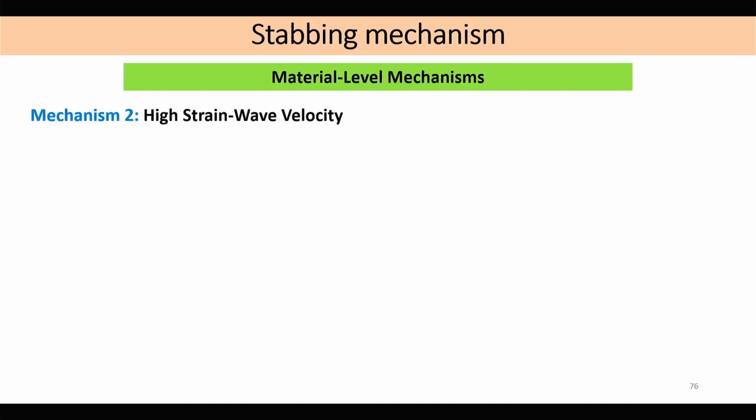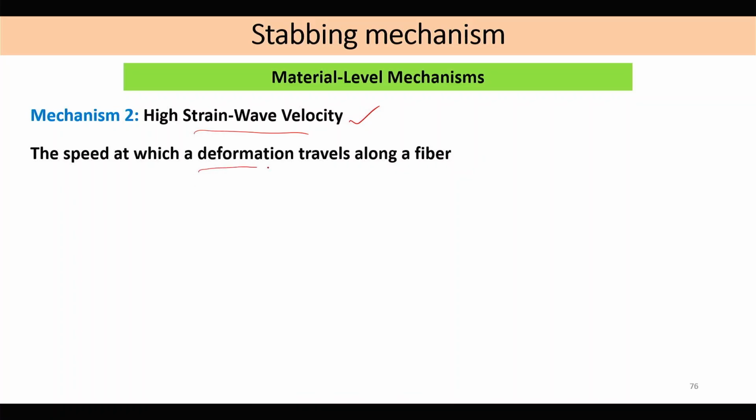So, mechanism 2 is high strain wave velocity. During that hit, that projectile or any stabbing, there should be high strain wave velocity which will absorb the energy.